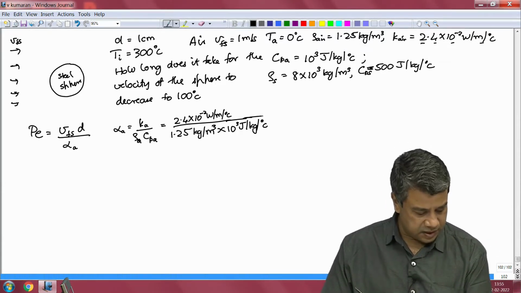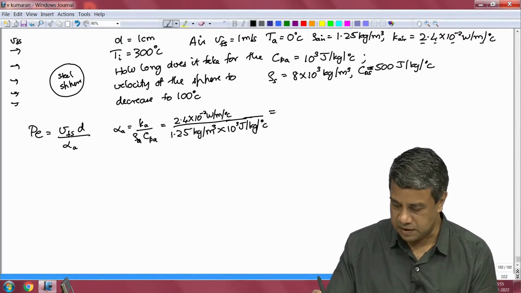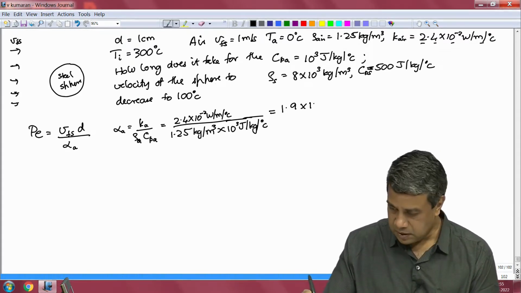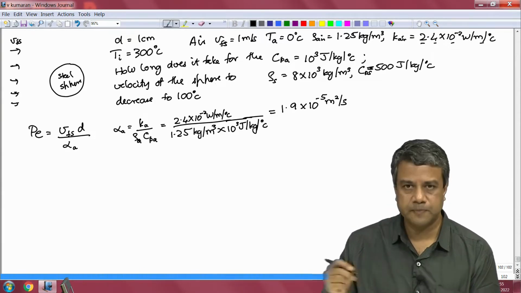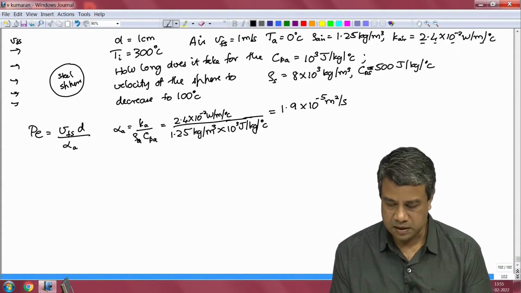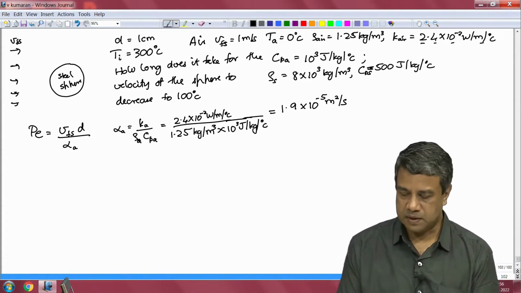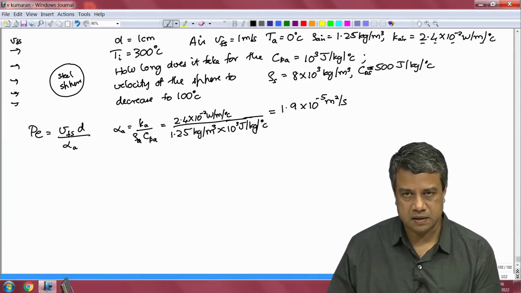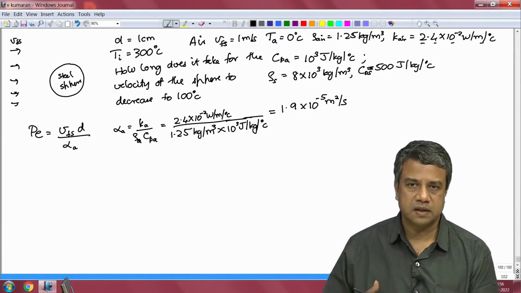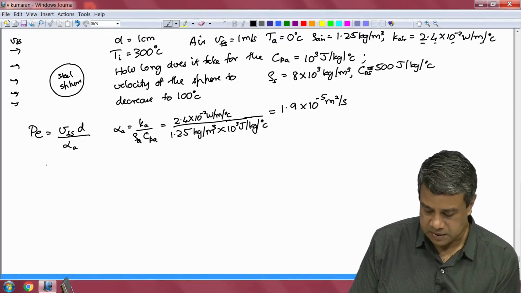And as you know, this in the end has to have dimensions of length square per time because it is a diffusivity. If you do this calculation, you will get 1.9 into 10 power minus 5 meter square per second. That is the thermal diffusivity, and as expected for a gas, this is of the order of 10 power minus 5 meter square per second. For gases, the thermal diffusivity is usually of the order of 10 power minus 5 meter square per second.